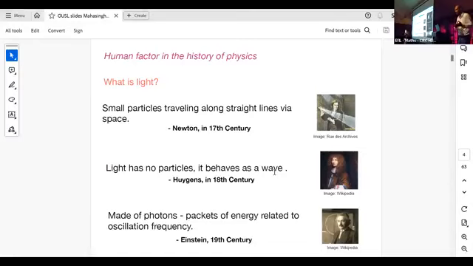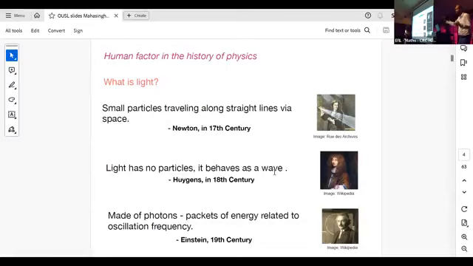Using that theory, you can explain certain things, like a ray of particles hitting a mirror and reflecting. If you regard light as a bunch of particles, you can explain certain properties of light. At that time this was accepted because it was the best theory.